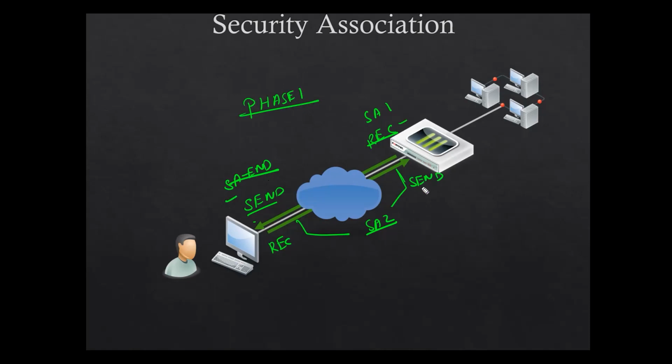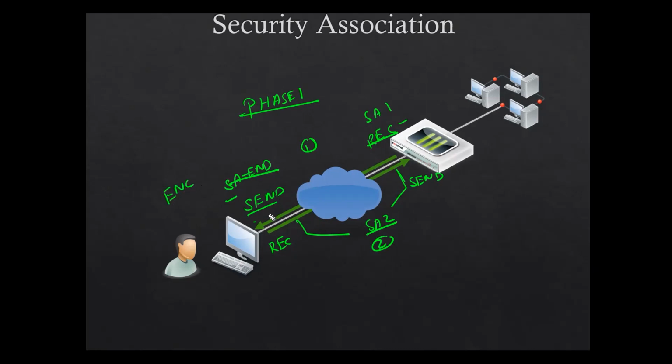For the FortiGate side, if it is send, then for your side it is receive. So how many tunnels do you have? One over here and a second over here. Now in this particular section, when you're sending the traffic, will you send the traffic without encryption or with encryption? You tell me that. You will encrypt the traffic, right?